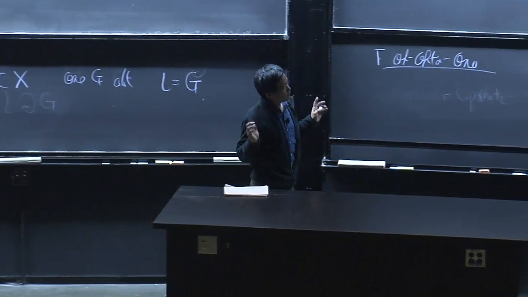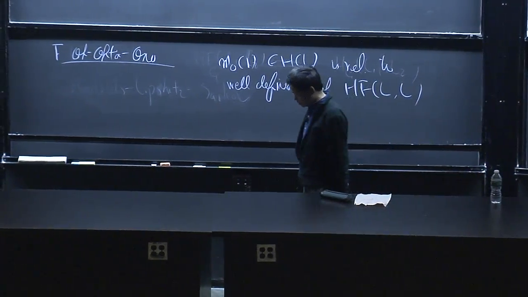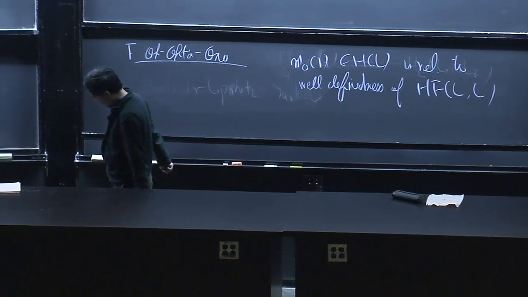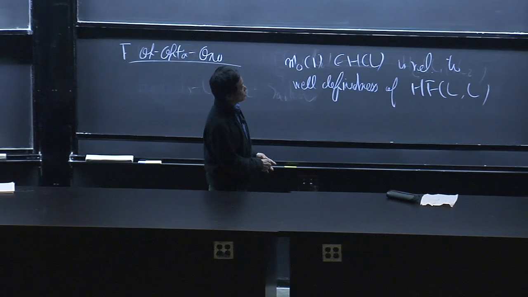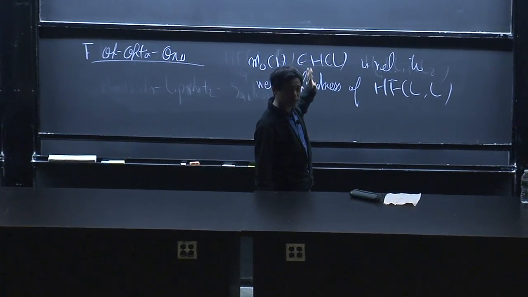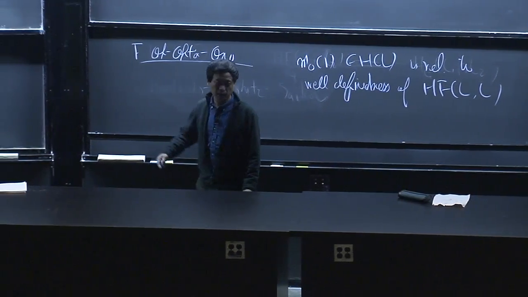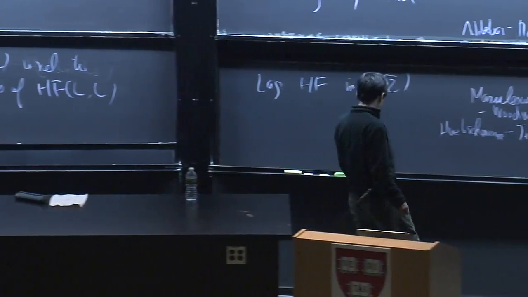People like Chris Woodward study this kind of problem using the so-called non-linear sigma model. There are several other ways, and to study these relations, we have to start in the Lagrangian case. You have to set up this Lagrangian Floer homology. So those are the motivations.